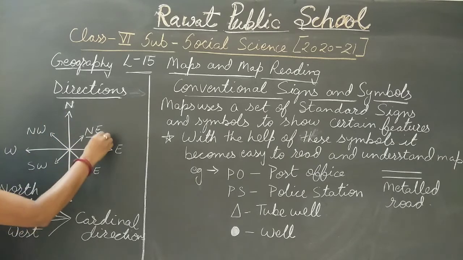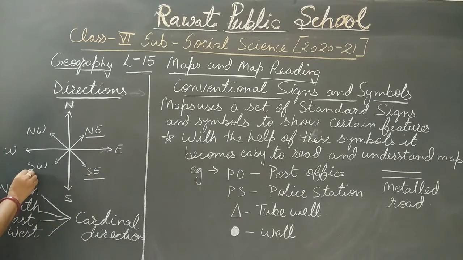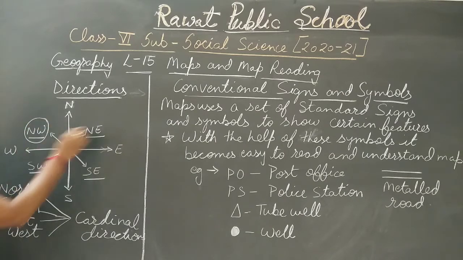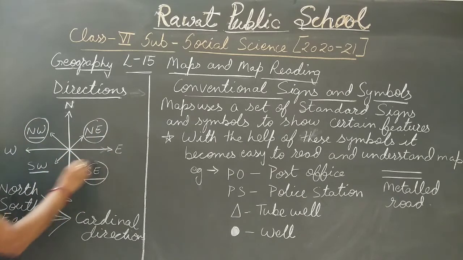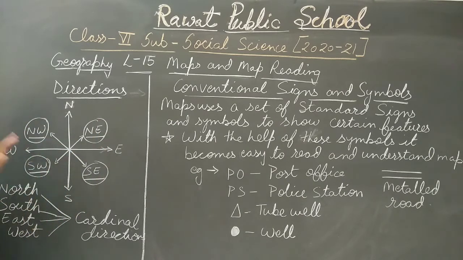These four, northeast, southeast, southwest and northwest, are intermediate points, or sub directions. So there are four major cardinal directions, north, south, east and west, and four sub directions or intermediate points.